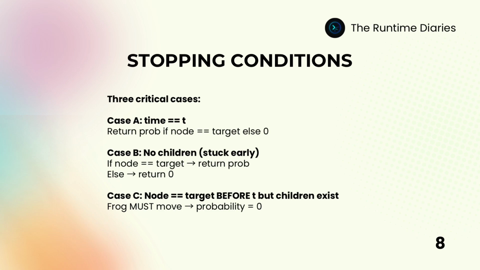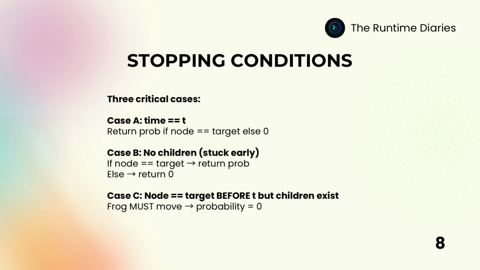There are 3 stopping conditions that you must get correct. Case A, time equals t. We stop immediately. If the current node is the target, return its probability. Otherwise, return 0. Case B, no unvisited children, meaning we're at a leaf node.